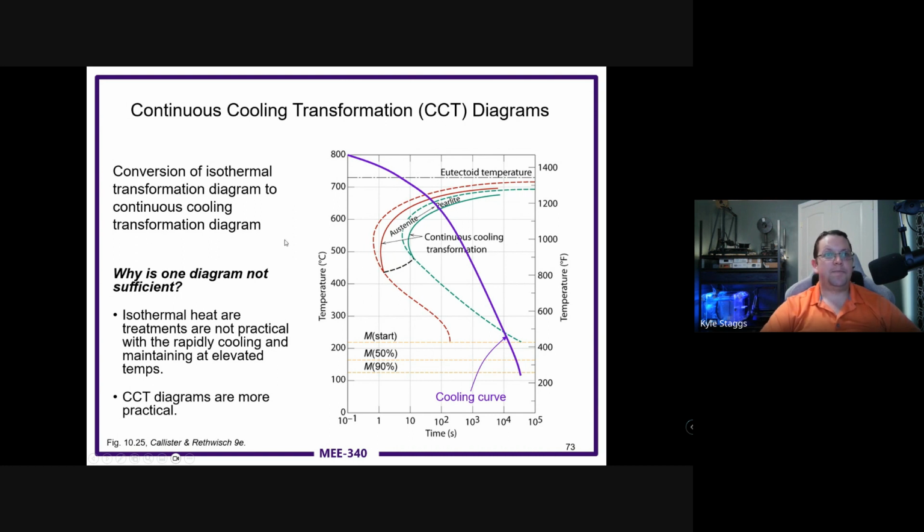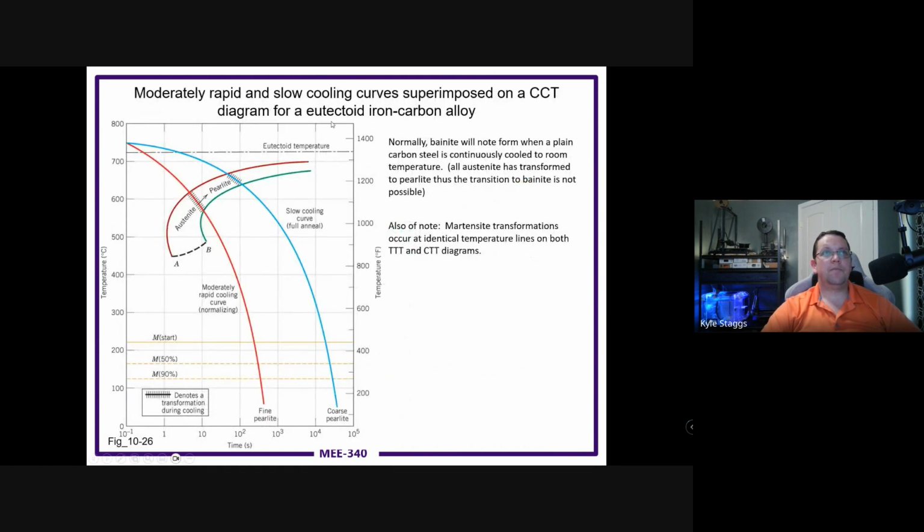So there's a lot of good information there. Fine perlite and coarse perlite, this is kind of the distinction between them. So if it transitions more quickly through this region, you're going to have finer perlite.